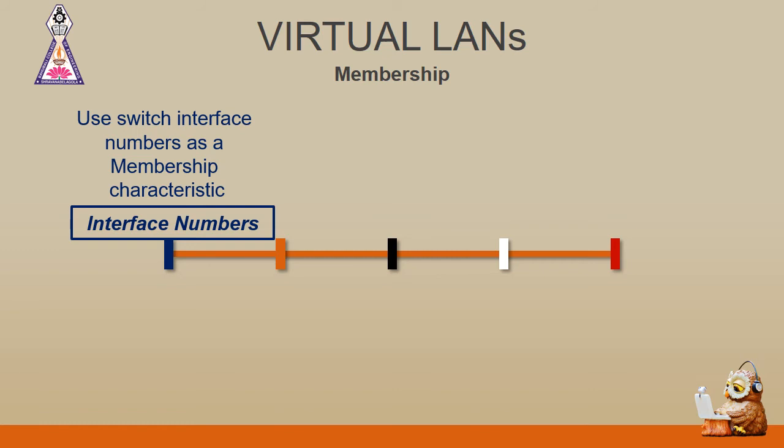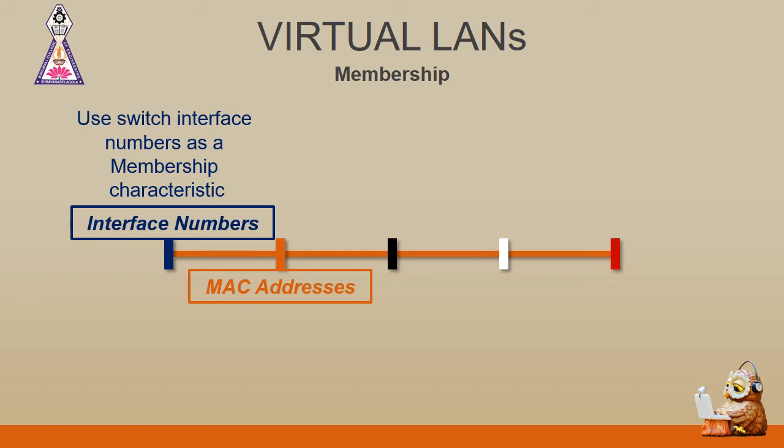For example, an administrator can clearly specify that the stations connected to ports 1, 2, 3, and any other number like 6 or 7 belong to VLAN 1. So they create a software mapping wherein these interfaces are connected to VLAN 1. Depending on that criteria, the grouping or membership could be given.